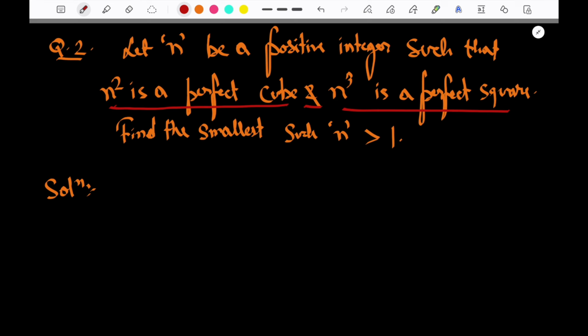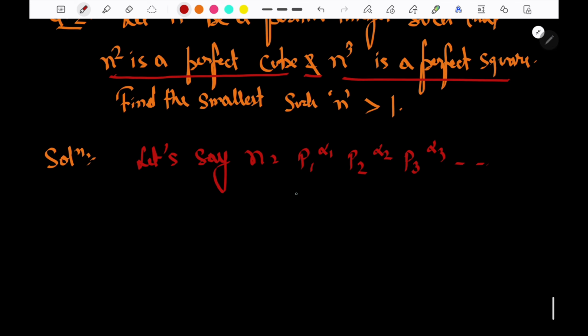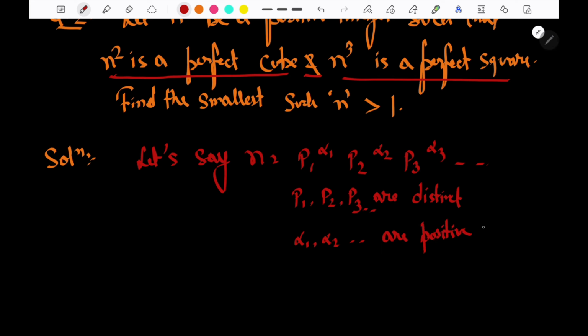So we can write. Now let's say n is equal to p1 to the alpha 1, p2 to the alpha 2, p3 to the alpha 3 and goes on. p1, p2, p3 are distinct primes and goes on, and alpha 1, alpha 2, alpha 3 are positive integral exponents.